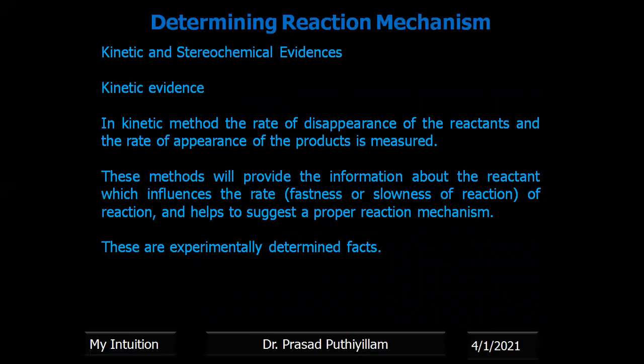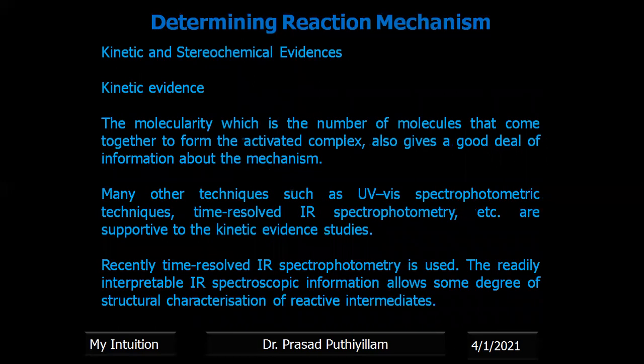So these are the experimentally determined facts. Even the molecularity, that means the number of molecules which come together to form the activated complex, also gives good information regarding the reaction mechanism.